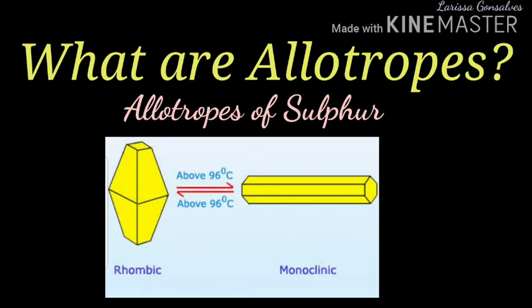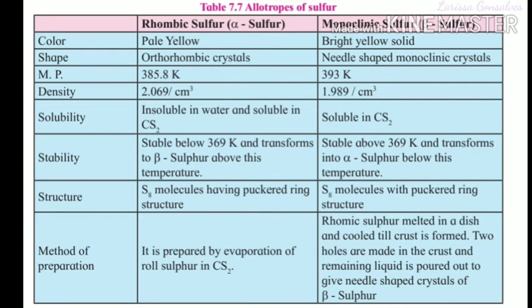Here is a chart which gives us information about rhombic and monoclinic allotropes of sulfur in detail. So we will be discussing color, shape, melting point, density, solubility, stability, structure and method of preparation.